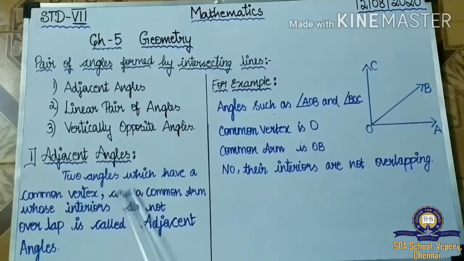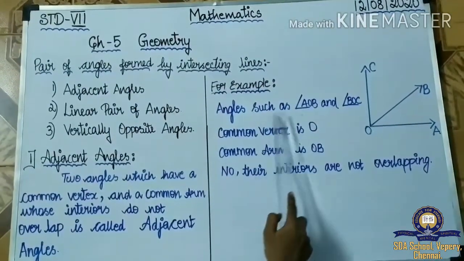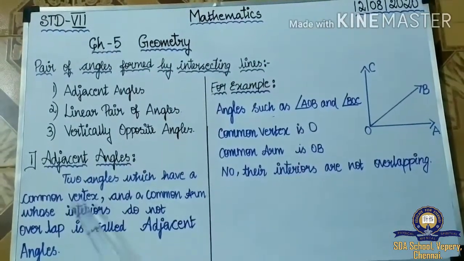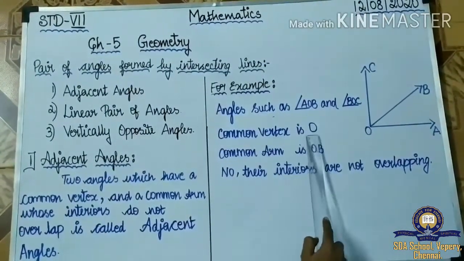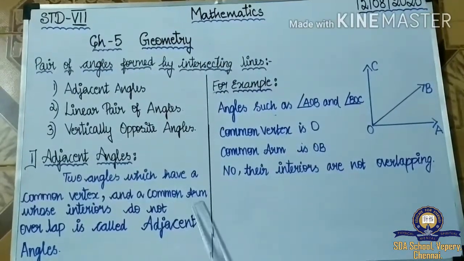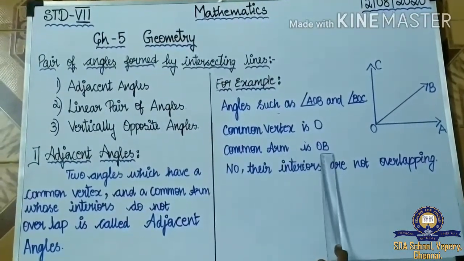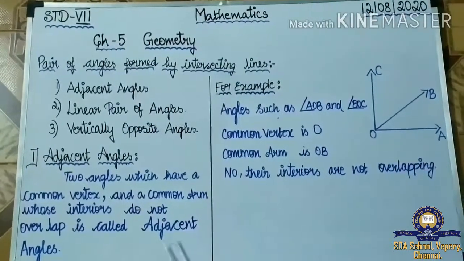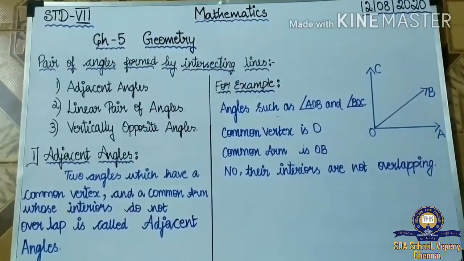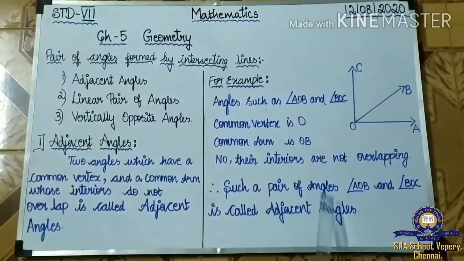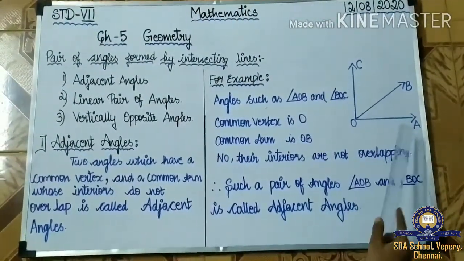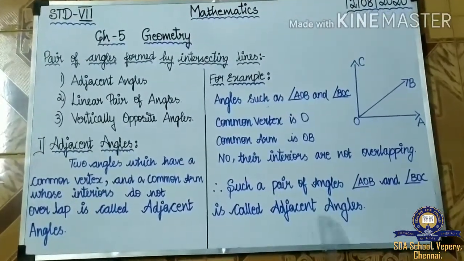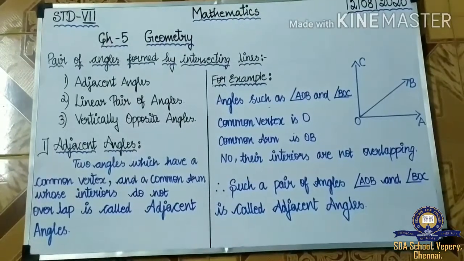Hence, two angles, angle AOB and BOC, which have a common vertex O and a common arm OB, whose interiors do not overlap, are called adjacent angles. Finally, such a pair of angles, angle AOB and BOC, are called adjacent angles.